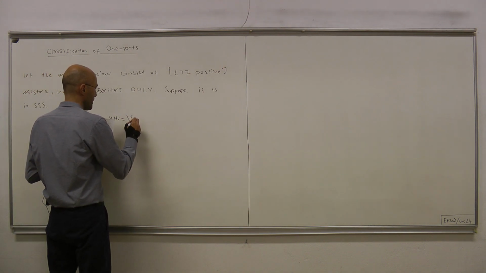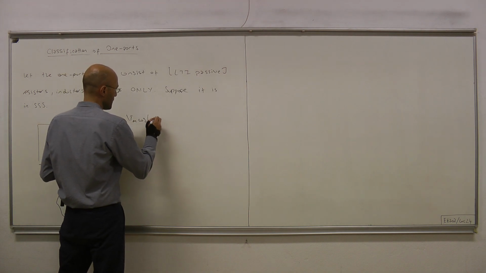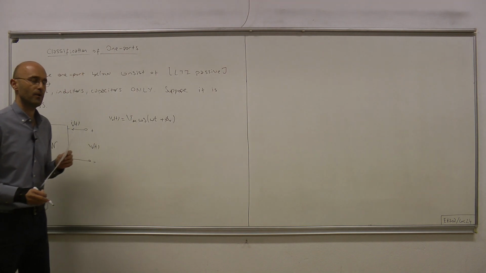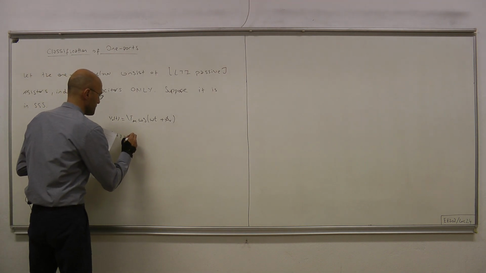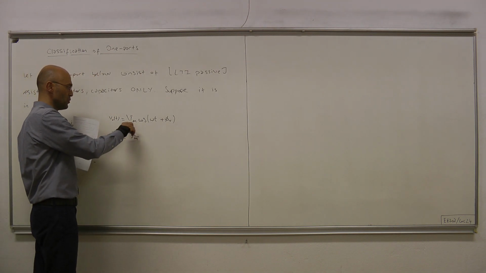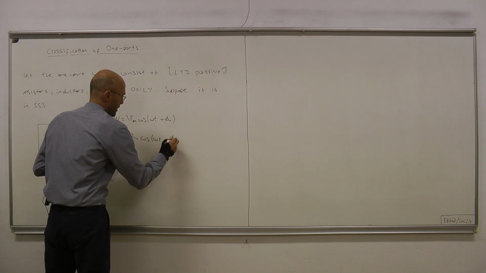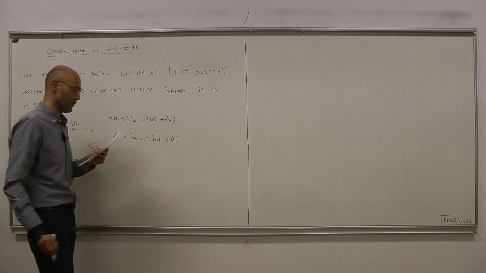The voltage is Vm cosine(omega t plus phi v), and the current is another sinusoid at the same frequency, with magnitude Im, cosine(omega t plus phi i), and these are the phases respectively of voltage and current.